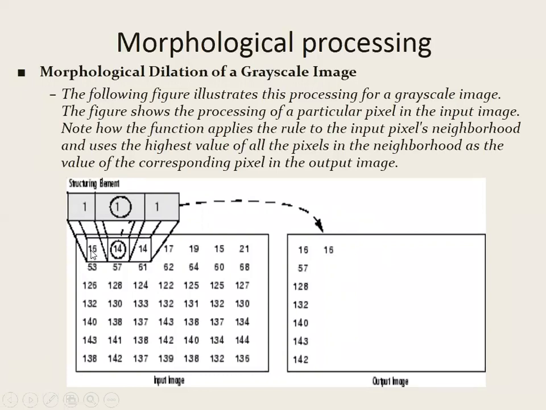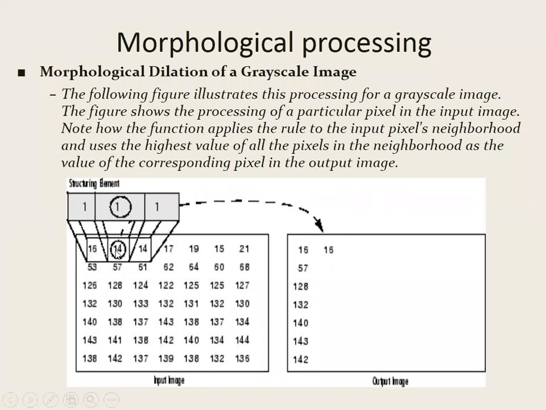On this value 16, we are putting the central pixel of the structuring element, and then we have one more chance to see to the right direction. Out of the two values, the maximum one is 16. Compare 16 and 14, because to the left direction there is no other pixel. So 16 should be preserved as it is.